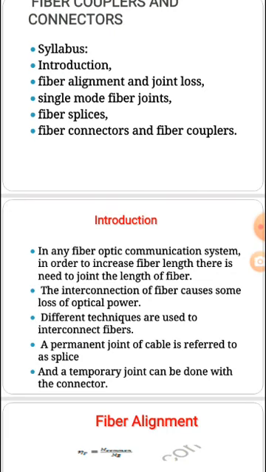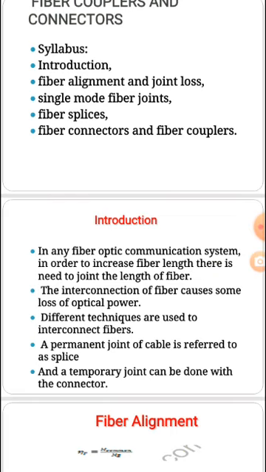In any fiber optic communication system, in order to increase the fiber length, there is a need to join lengths of fiber. That means in a practical system, many fibers are joined together to form a single structure.